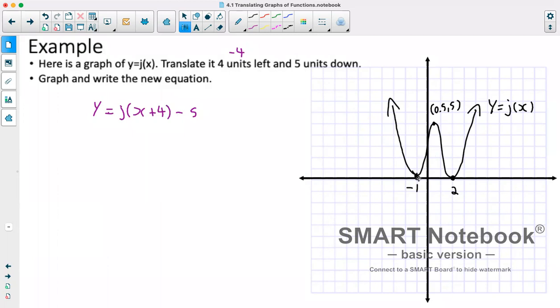Each of these points, I've just moved 4 left and 5 down. Okay, so this new graph would look something like this.